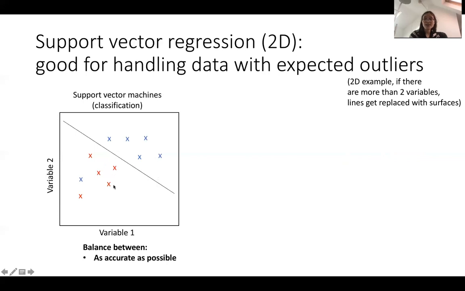And recall that this was a bit of a balancing act. We wanted the line to split the data into categories as accurately as possible, but we also wanted the points to be as far away from the central line as possible. And this gap is called the margin. So we wanted a big margin and a high accuracy.